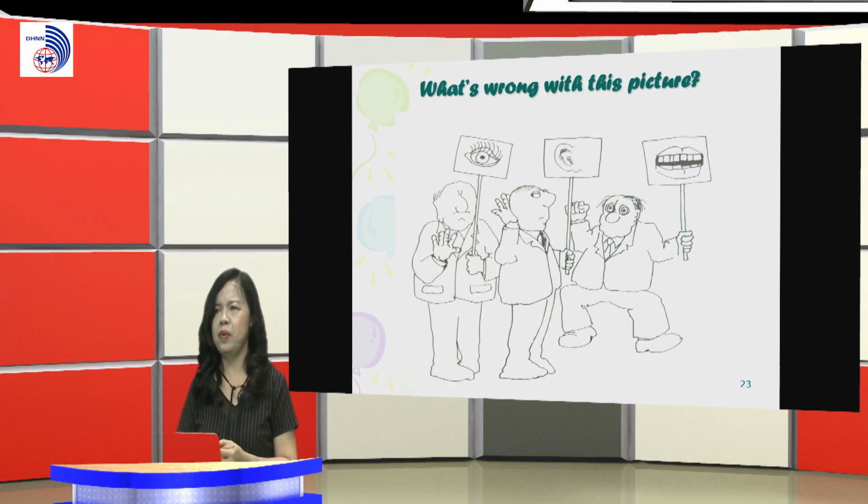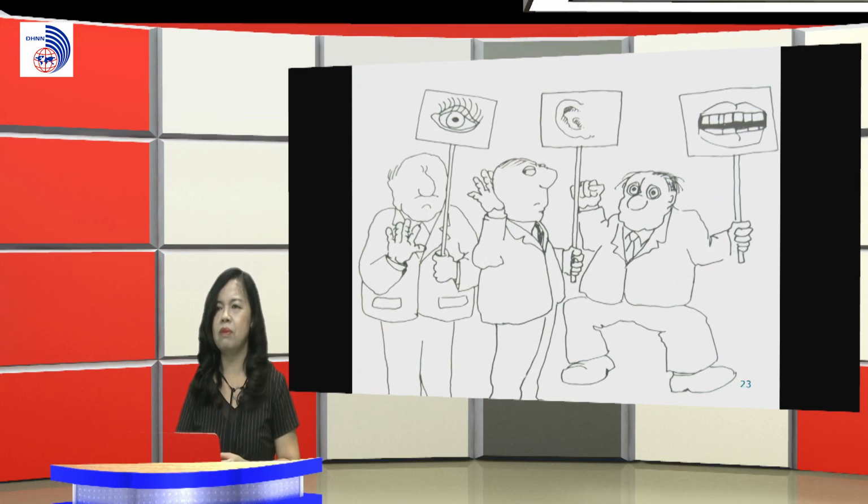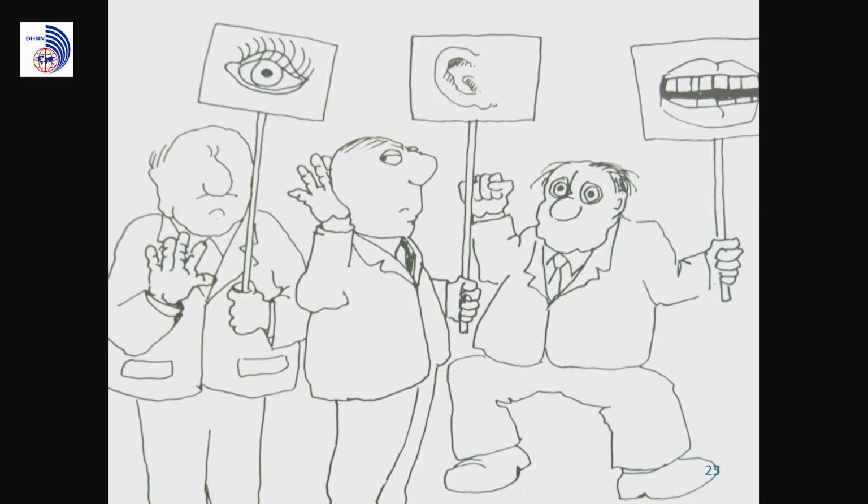The third person can see very well, he can hear very well, but he cannot talk well, he cannot speak well. So all of these 3 people, when it comes to communication, will be in trouble because they don't have the right body language that can really help them in the process of communication.